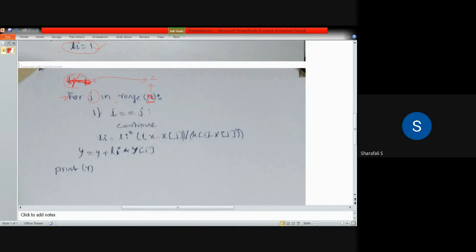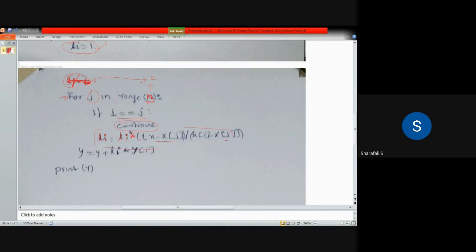Then if i is equivalent to j, continue. Which means if i is equivalent to j, then we just skip this particular step. What is this step? This is the calculation for Li. Li will be equal to Li star, Li multiplied with (x minus xj) by (xi minus xj). This is the general expression.